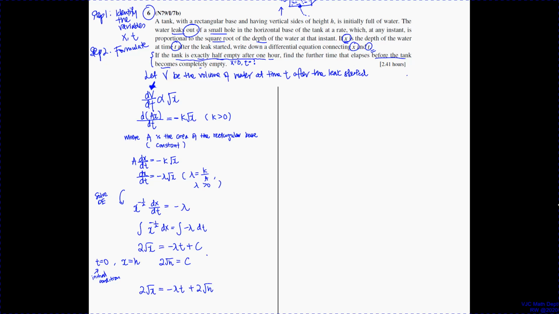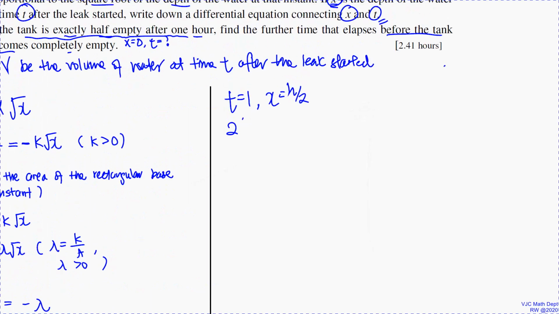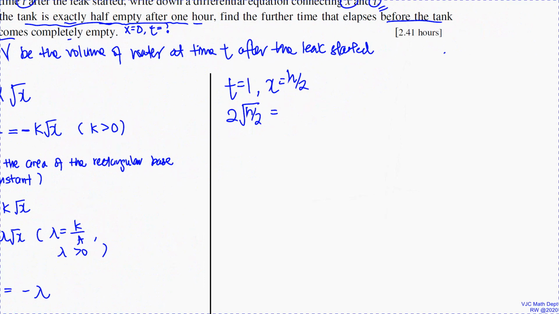Okay? When t is equals to 1, my x is actually h over 2. Okay? Substitute into this line. Yes. Then you get 2 root h over 2 equals to minus lambda t, minus lambda plus 2 root h.